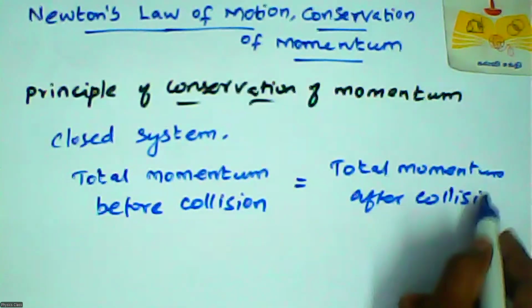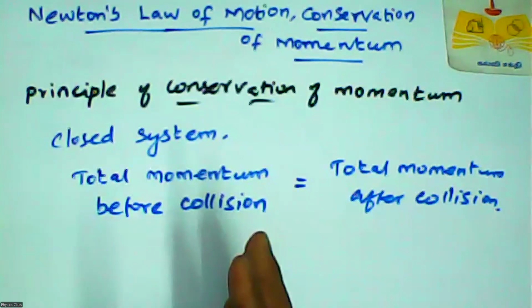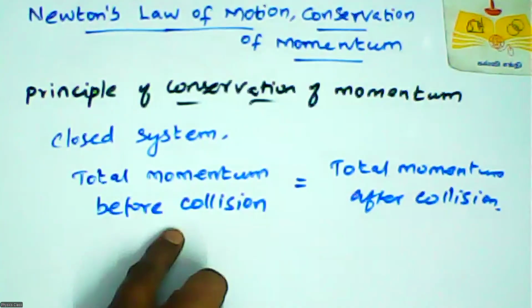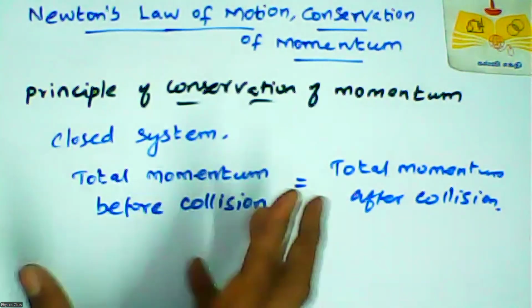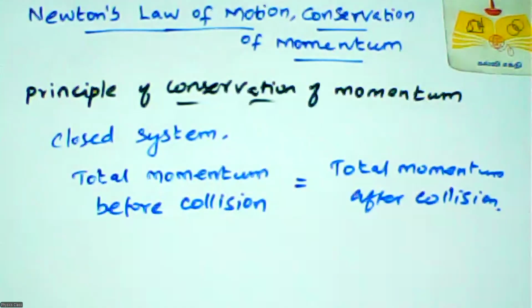This is the principle of conservation of momentum. So in a closed system, with no external forces acting on the objects, the total momentum before the collision is the same as the total momentum after the collision.